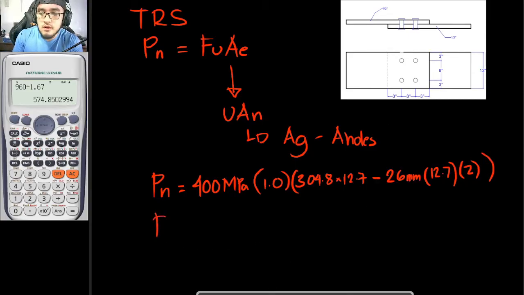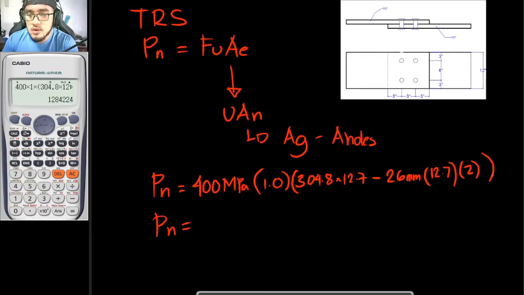So, solving for this one right here would give you an answer of 400 times 1 times 304.8 times 12.7 minus 26 times 12.7 times 2. So from that, we would be arriving at an answer of 1284224 newtons.